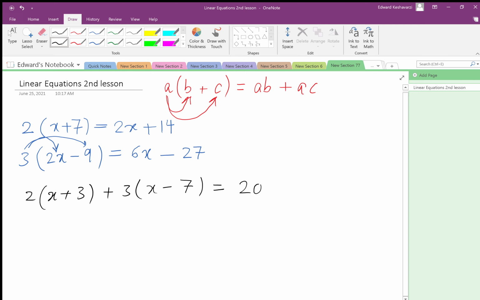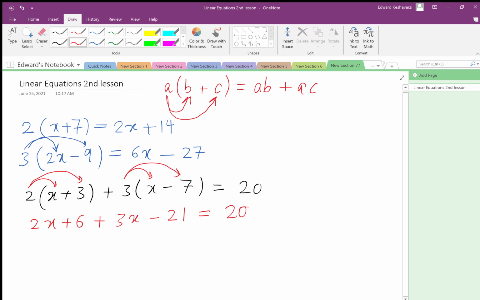Okay, so the first step is applying distributive law. 2x plus 6, and the second bracket is multiplied by 3, and you'll have 3x minus 21 equals 20.